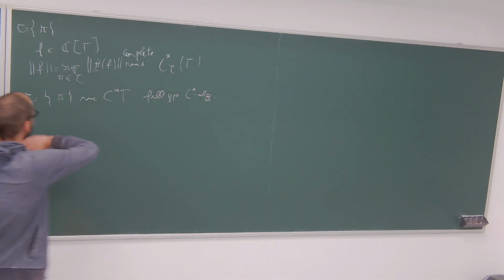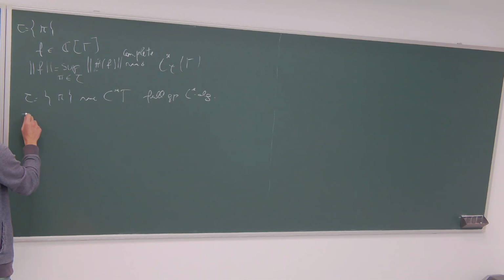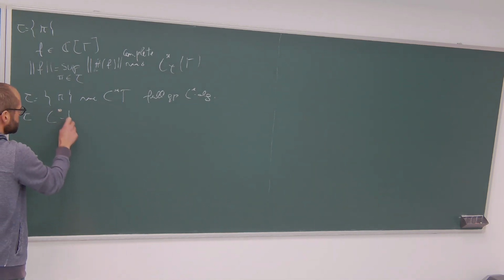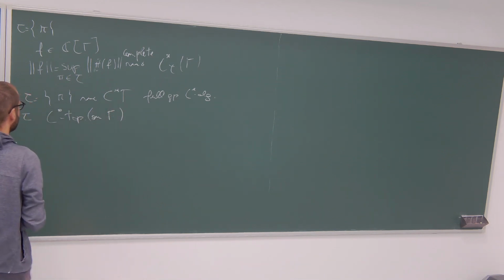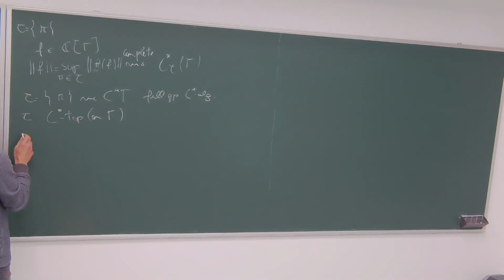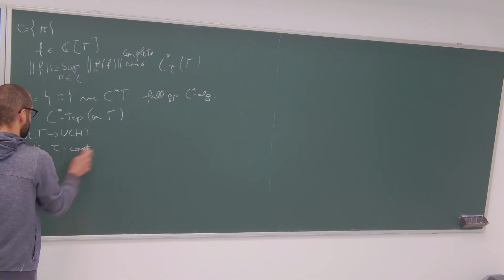Now I will use this terminology. For me, a family of group representations is called a topology on the group, and we say that the group representation pi is tau-continuous if we have the following.